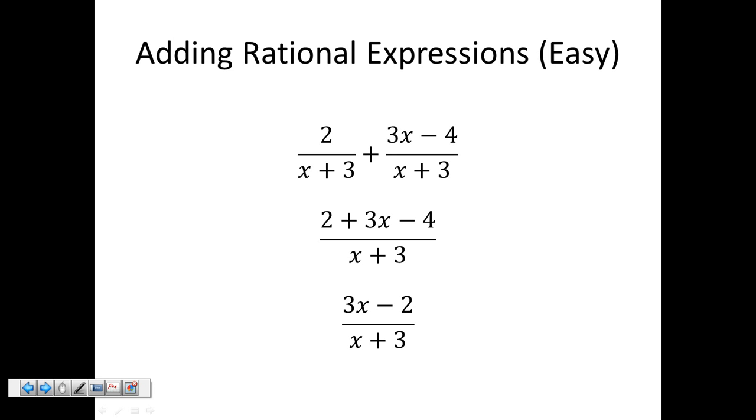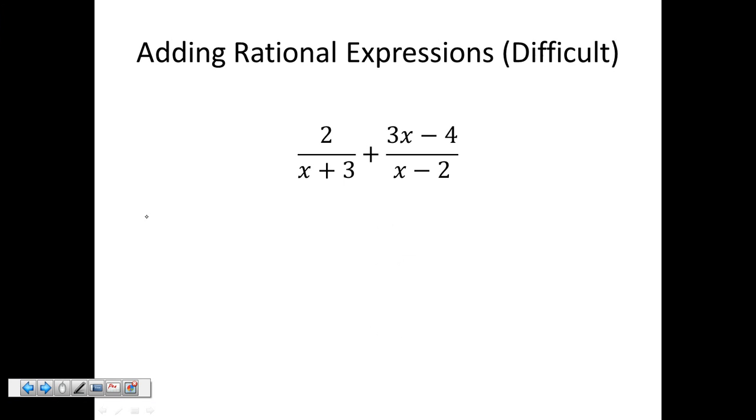Okay, so it'd be nice if they all stayed this easy, but they're not going to. So let's take a look at an example that's a little more difficult. The reason that it's more difficult is because we don't see this common denominator in both of our fractions. Now, when I'm introducing the idea of adding fractions, even at a really basic level, I don't like this idea of a least common denominator.